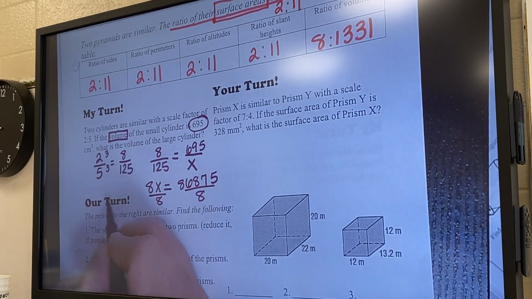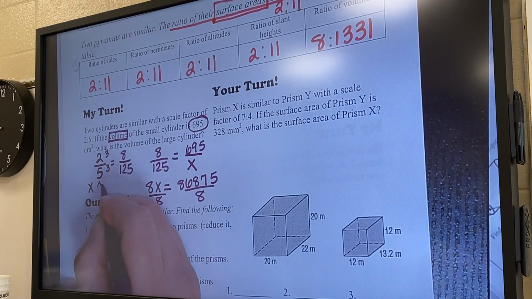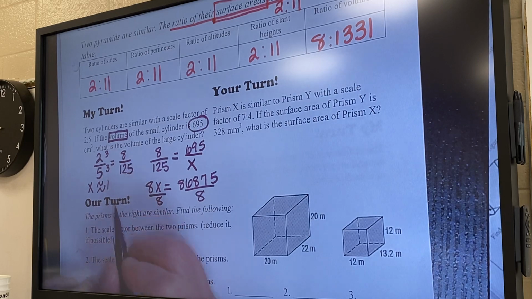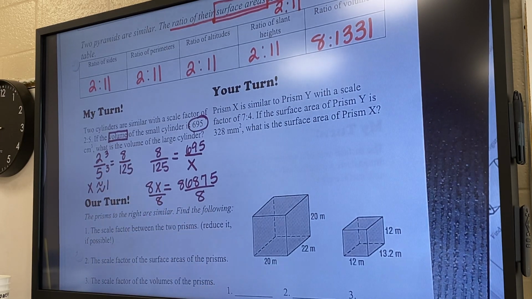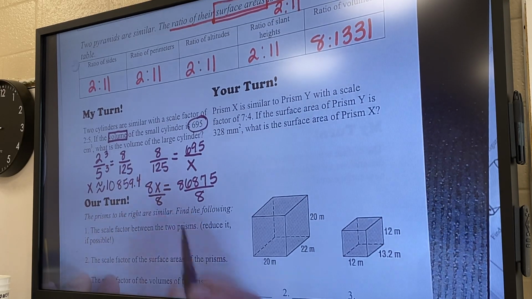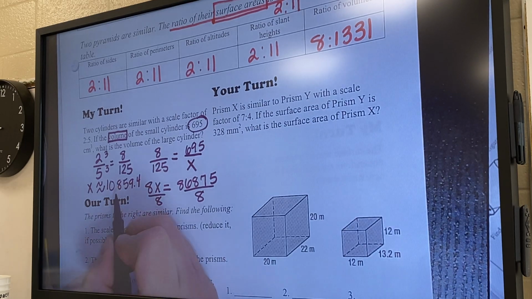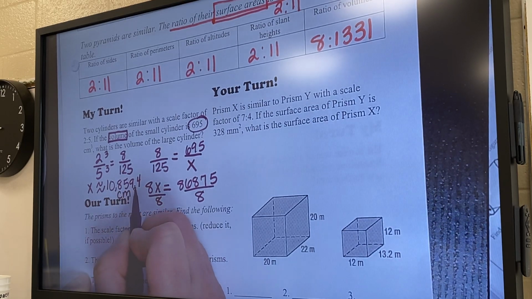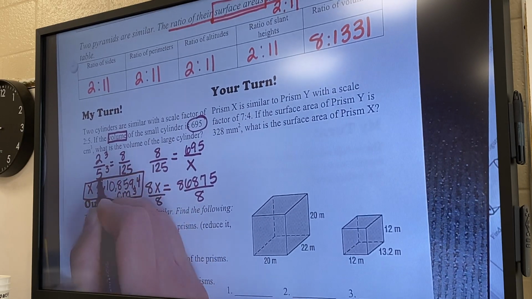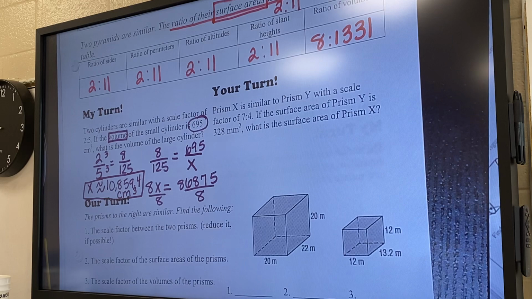And you get x is approximately 10,859.4. And it's volume, so it would be centimeters cubed. I'm going to put a box around this. We got a lot going on over here. All right, questions about that one? Big number. It is a big number.